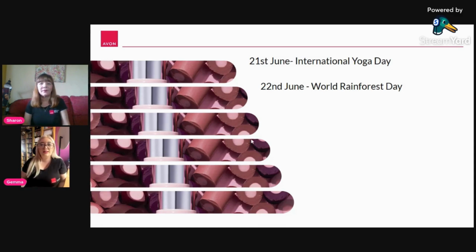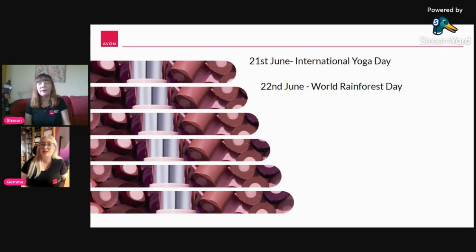So with the relaxation, we have loads of products. So you could have it product based. You could have a little relaxation pack you could pop together. That is all down to you on what you want to do. The 22nd, we have World Rainforest Day. So yet again, that could be interaction. Have you visited a rainforest? Would you love to go to one?